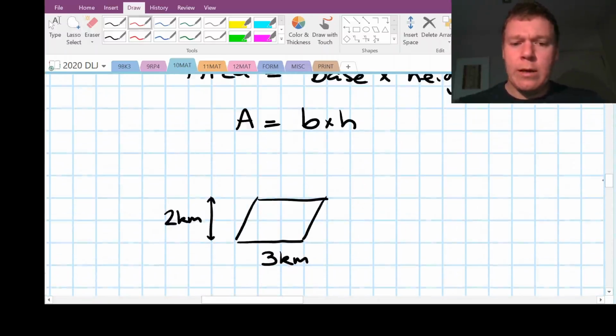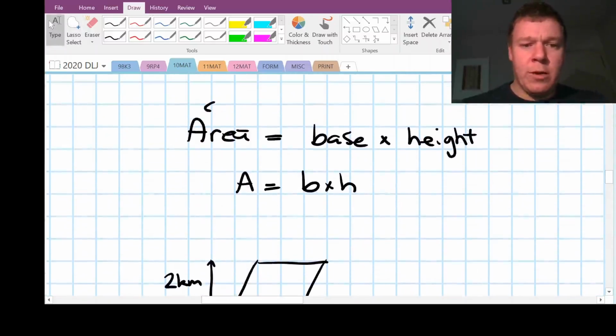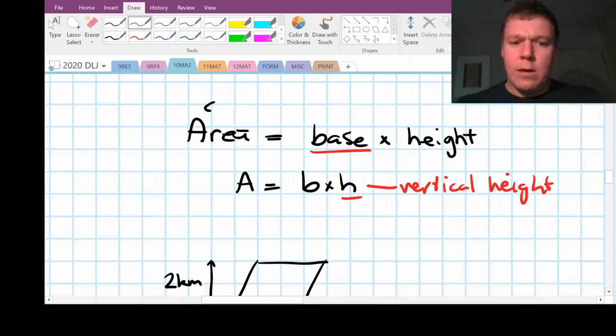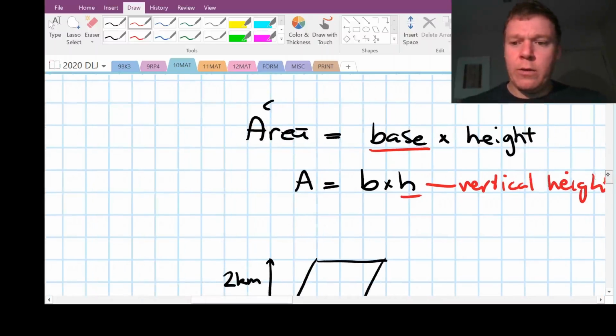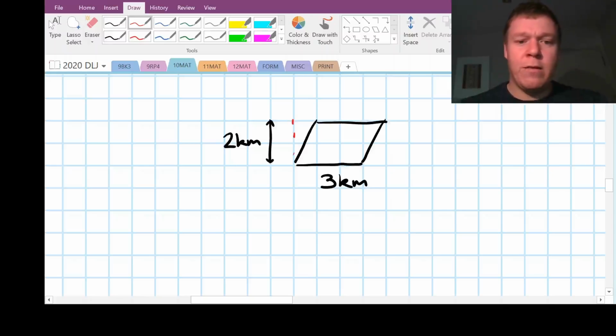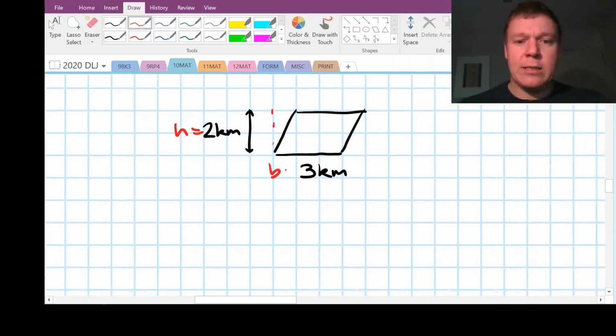Okay, so your area is your base times your vertical height. If we're going to do this little parallelogram, our vertical height is 2 kilometers and our base is 3 kilometers.